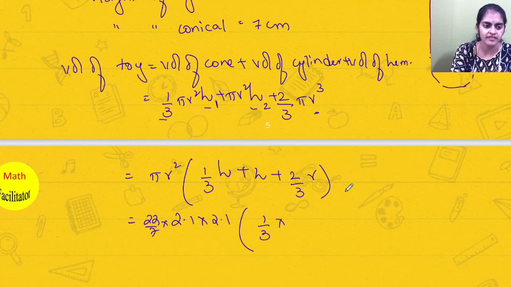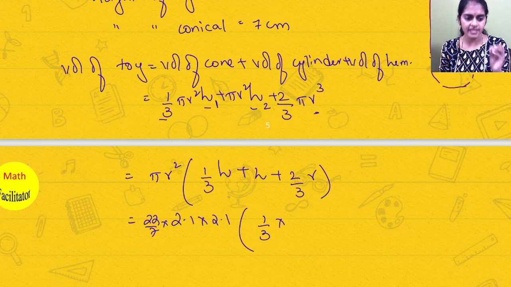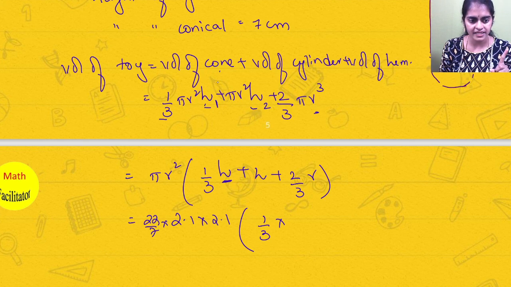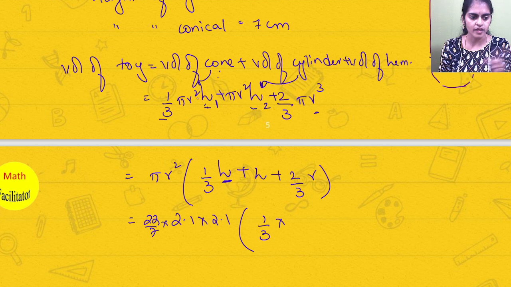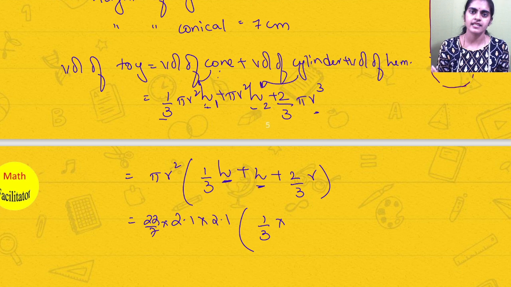Remember very carefully, the common mistake: in 1 by 3 h, this h is the height of cone. The simple h is the height of cylinder. Usually we substitute the values as they are, thinking it is just h, and put the same h on both sides, and you will get the answer wrong.